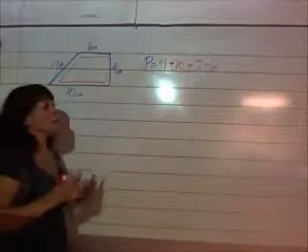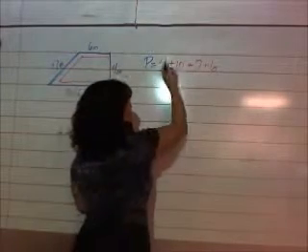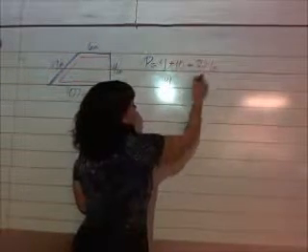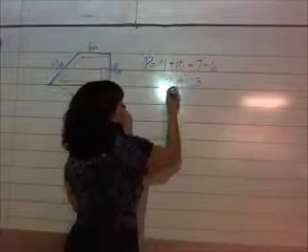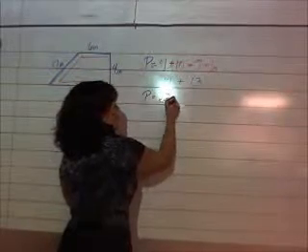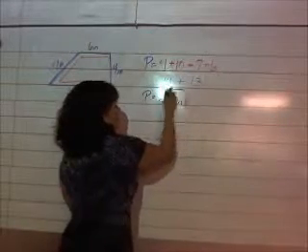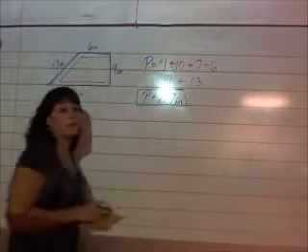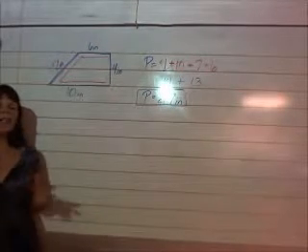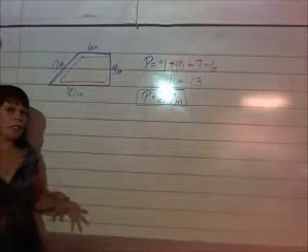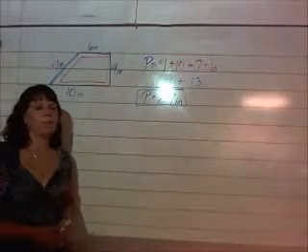So there we go. Now we're just adding them up. 10 and 4 is 14. 7 and 6 is 13. So the perimeter is going to be 27 inches. So there's a very quick review on perimeter, which means add all sides. See you next time.